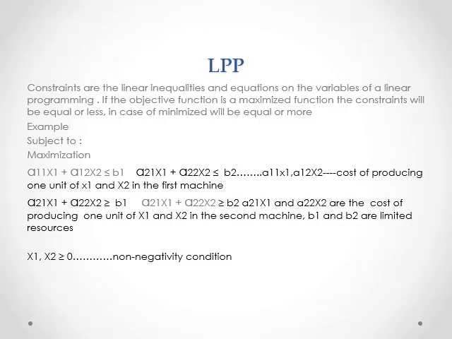If the objective function is a maximized function, then the constraints will be equal or less. إذا كان دالة الهدف دالة التعظيم فإن القيد دائما يكون أقل من أو يساوي. In case of minimization, the constraints will be more or equal. في حالة الكوست أو التدنئة بيكون القيد أكبر من أو يساوي.